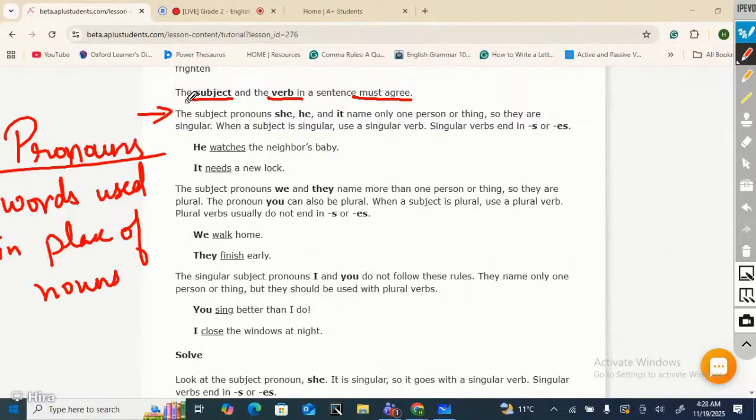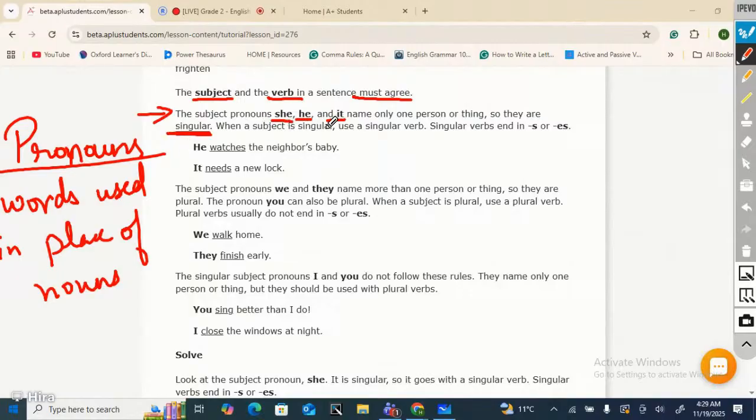Now, pronouns are the subjects of sentences. They are subject pronouns as well. The subject pronouns she, he, and it name only one person or thing, so they are singular subject pronouns.